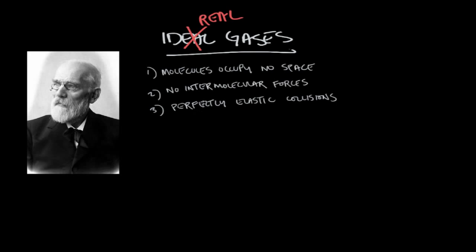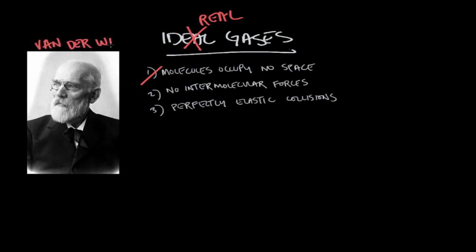First, we said that an ideal gas is one that has molecules that don't occupy any actual space. A real gas's particles do occupy space. It's a microscopic amount of space, but it's real. And a Dutch chemist named J.D. van der Waal studied this deviation.